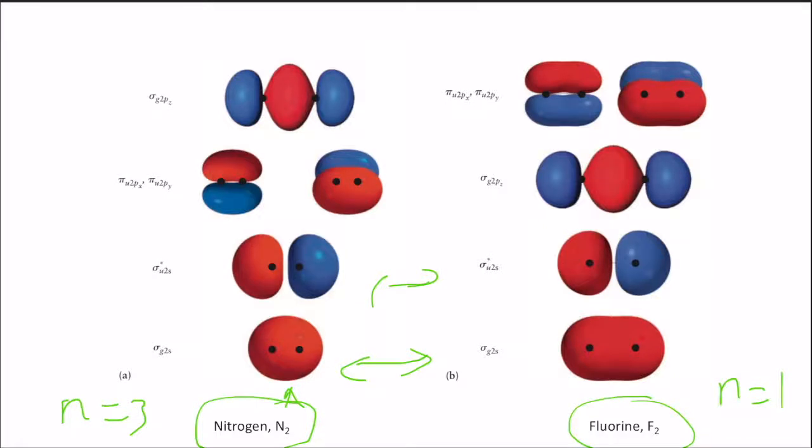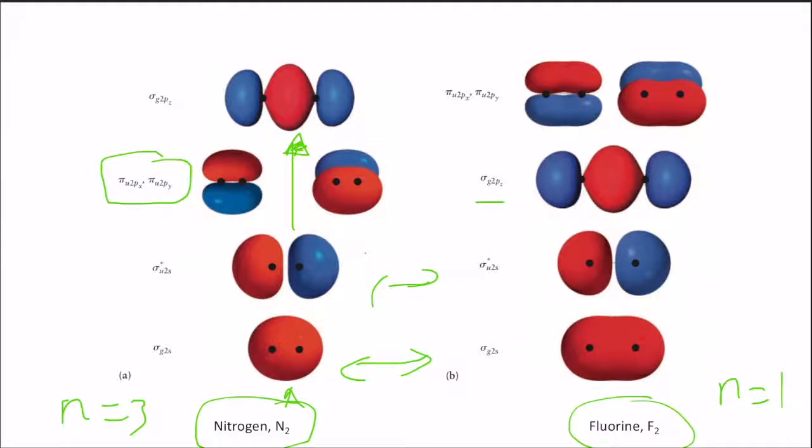Then, here's the interesting thing. For nitrogen, we first have the pi u px's and py's, whereas for fluorine, we first have the sigma g 2pz. So basically, what we have seen before is that this state repels this one and makes it move up in energy, and that does not happen in fluorine.